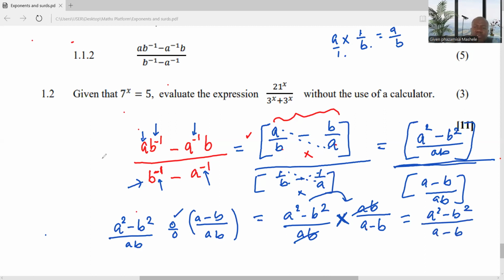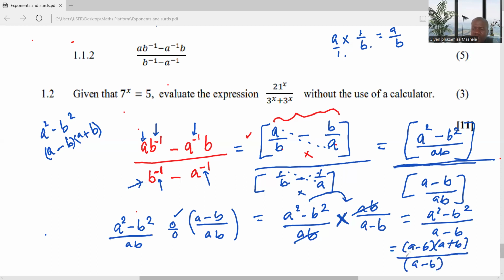But this is a difference between two squares. So a squared minus b squared is the difference between two squares, which is factorizable. We can factorize it: factors of a squared are a and a, of b squared are b and b, with different signs, minus and plus. So this will give us a minus b into a plus b divided by a minus b.